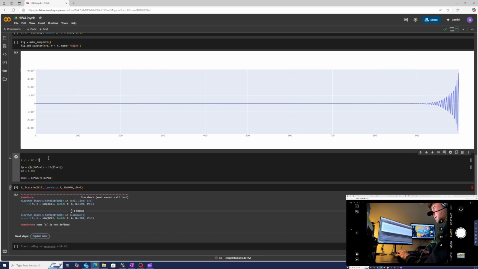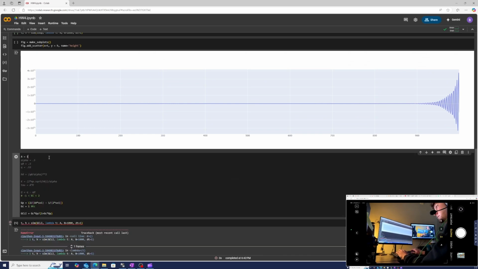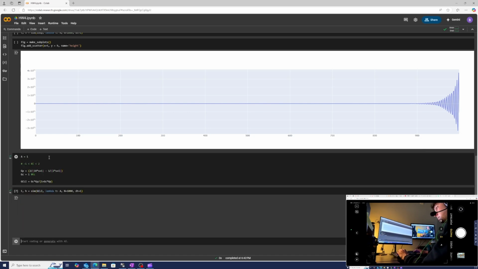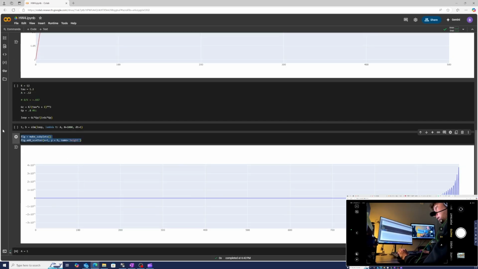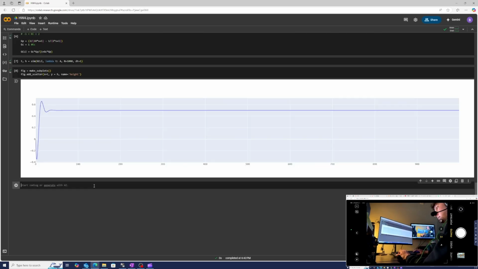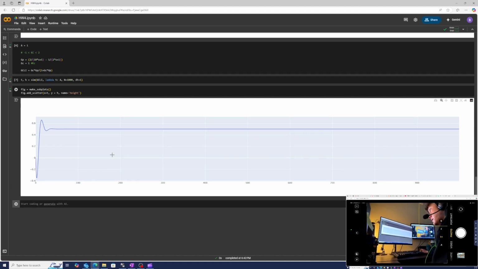I guess we'll call our set point A is equal to 1. And same thing here. As you can see, this system is stable, and it goes down, it goes up, continues on, and reaches stability.